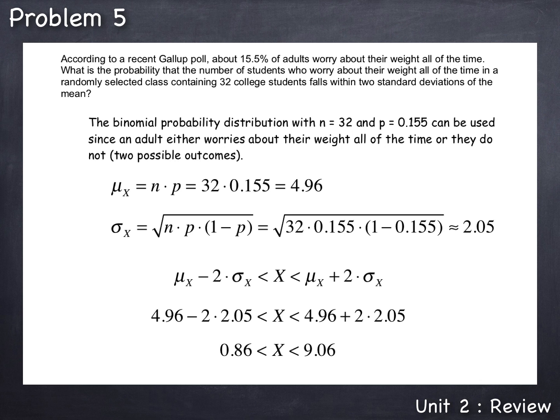The upper value is the mean, 4.96, plus 2 times the standard deviation of 2.05, which equals 9.06. So any number of students that falls in this interval from a low of 0.86 up to an upper level of 9.06 will fall within 2 standard deviations of the mean.